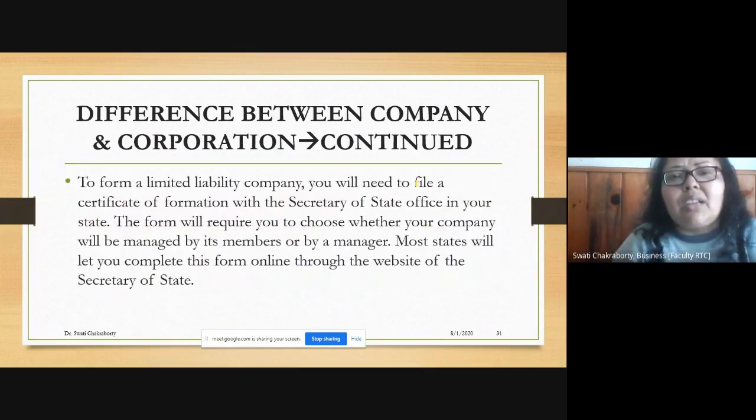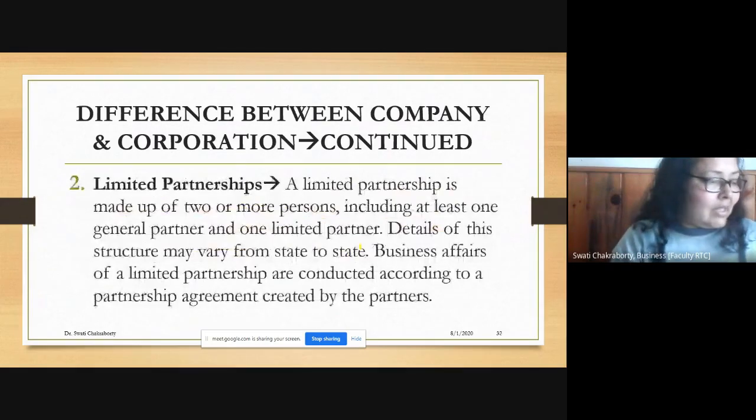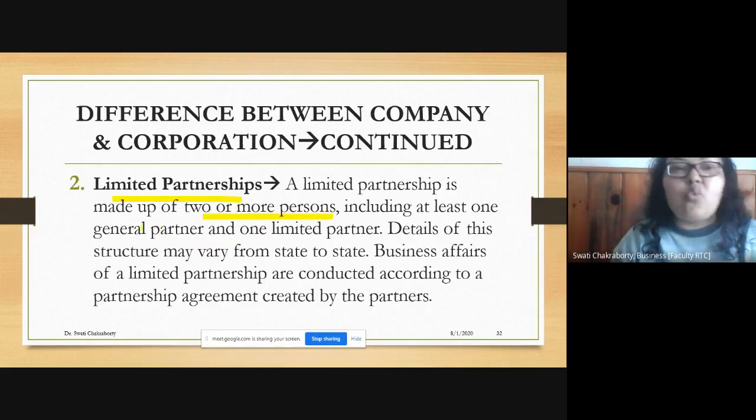If you want to start a limited liability company, you need to file a certificate of formation of the company with the Secretary of State, which would help you choose whether your company will be managed by its members or a manager. The next type, a special type, is limited partnerships. A limited partnership has two or more partners, of which at least one will be a general partner and one will be a limited partner.